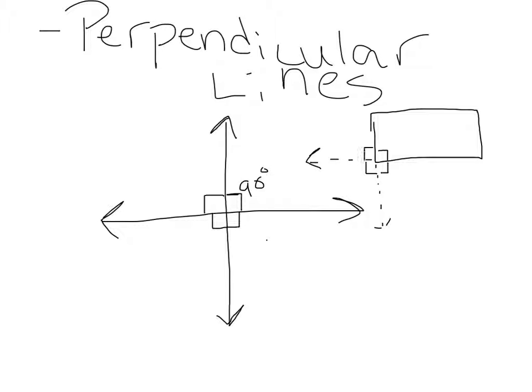So that's why it's important that we know what perpendicular lines are and why they are intersecting, but it's important that we know the difference between intersecting lines and perpendicular lines. Also, we can use this example here.